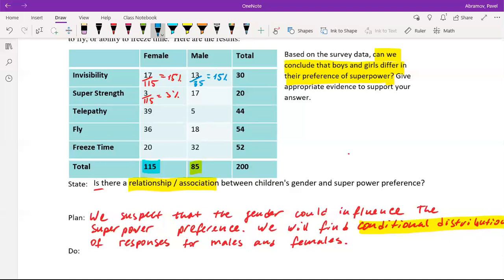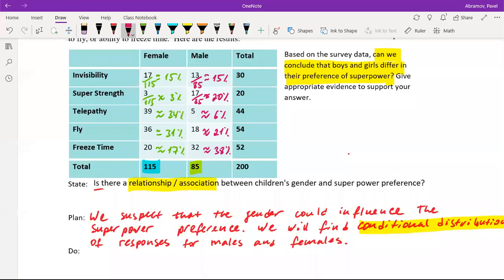So let me fill out the rest of these distributions. Okay, so here we have the conditional distributions. Once again, we took the total number of females and divided each one of the responses by the total to find the percents. Just in case you did not know, this symbol right here means approximately, because the percents came out to be decimals.